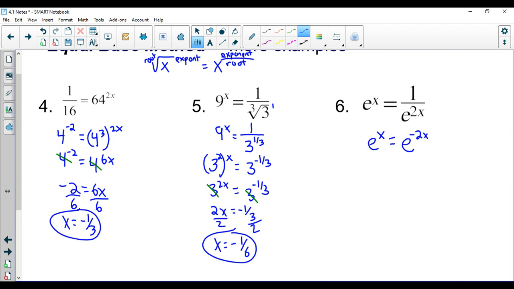And so now I have e to the x equals e to the negative 2x. Our bases are now the same, so they would cancel out. And I get x equals negative 2x. I want to get all the x's on one side. And then I would just divide by 3. So I'm going to get x equals 0 here.